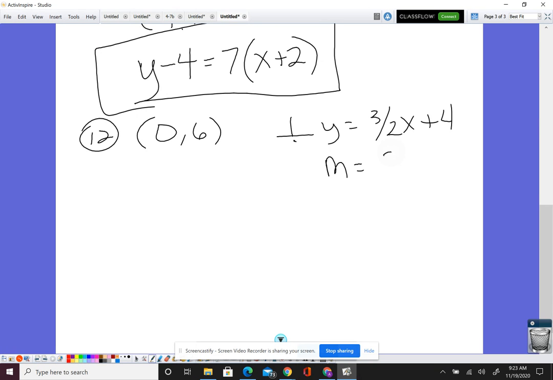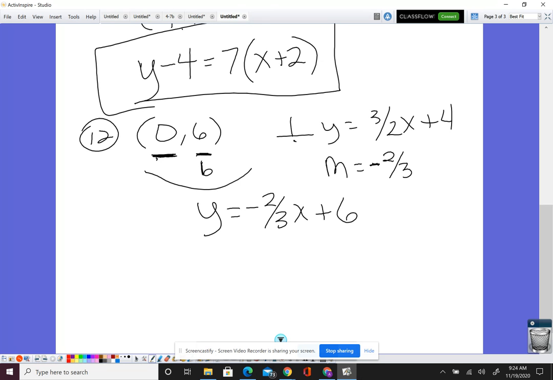We're going to take the reciprocal of the slope that we see in the line and the opposite. So our slope that we're going to use is negative 2/3. When we look at this point, anytime x is 0, our y value is our y-intercept. That is our b. So we know b, we know m. We put it in our slope-intercept form, and we get that.